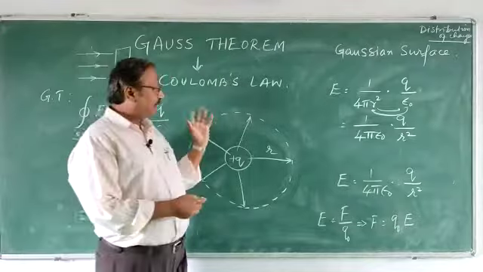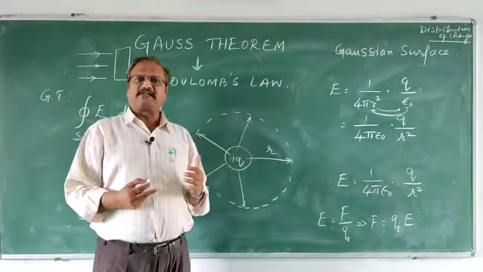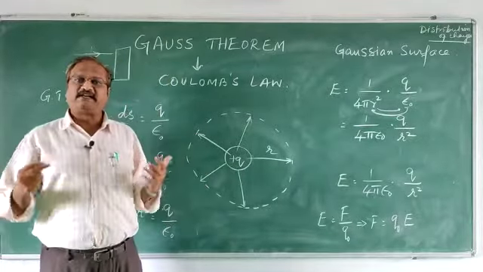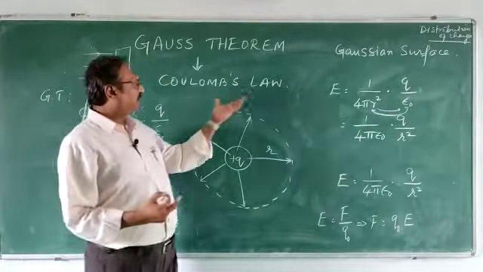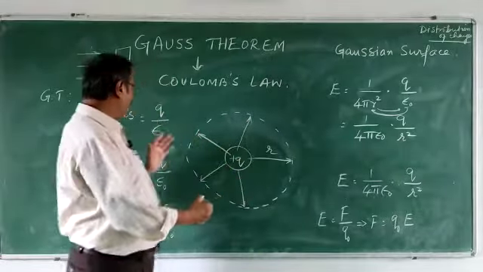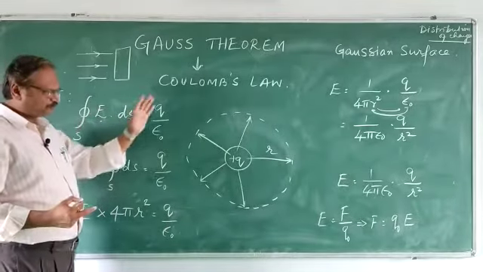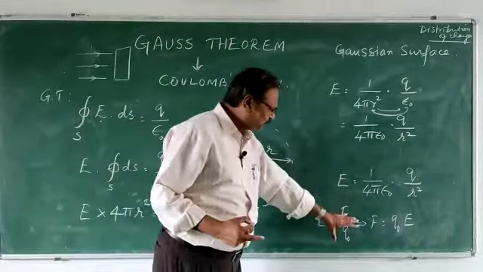In Coulomb's law, when many charges are there, the calculation becomes cumbersome, very difficult. But when you use Gauss theorem, it becomes very easy because we are using the concept of integration or summation. I hope you understand this point.